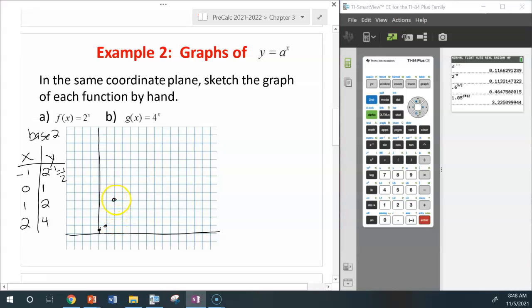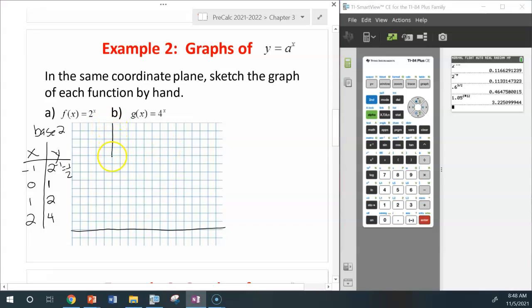So I have my points here. -1 is 1/2, 0 is 1, and then we have 2, and then 4. And then just try to make a nice smooth curve through those.